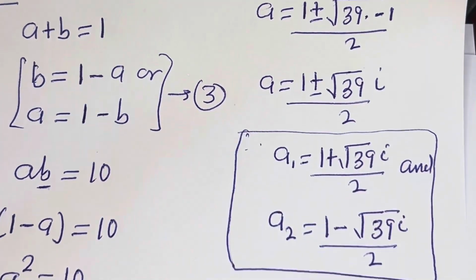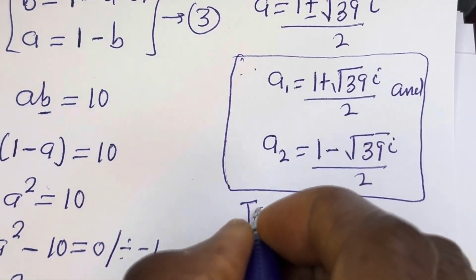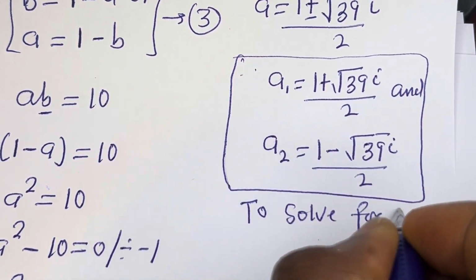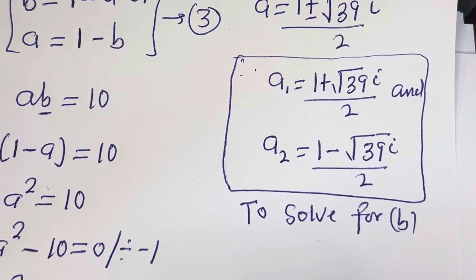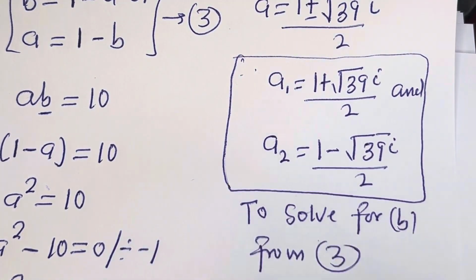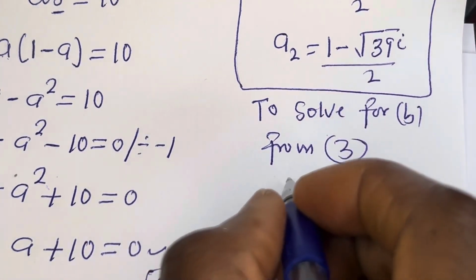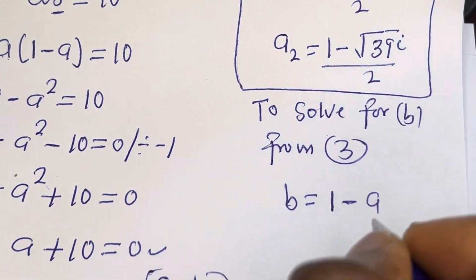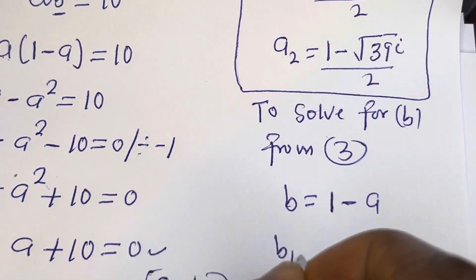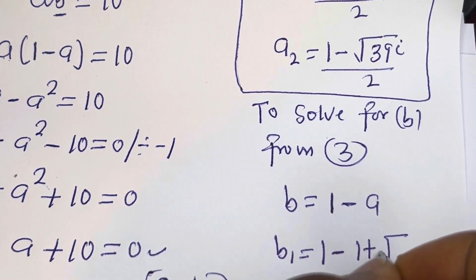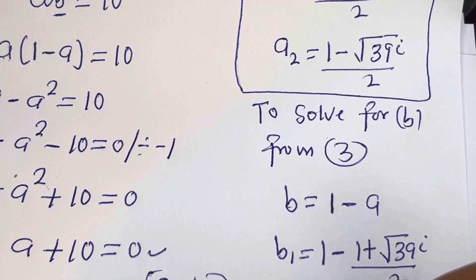Let's solve for b. To solve for b, from equation 3, b is equal to 1 minus a. b1 is equal to 1 minus a1, which is 1 minus (1 plus square root of 39i over 2).